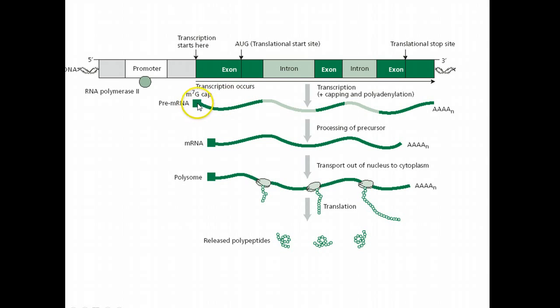What is remarkable is that first, this RNA is made, then these pieces, these introns, are cleaved out, and then the pieces are put back together. So when I took this course, RNA was made.